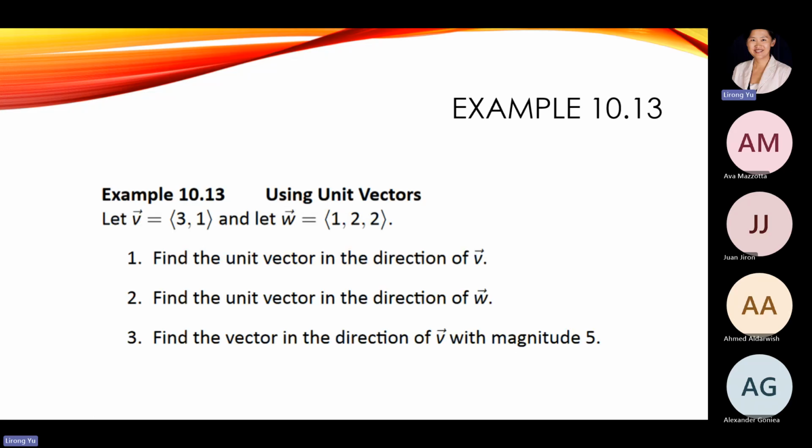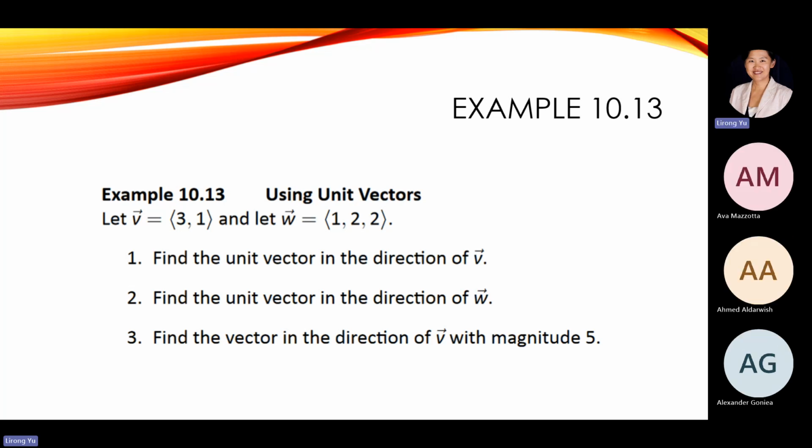And so in the slides, we have the vector (1, 3). Now here is a question about finding the unit vector in the direction of v. The magnitude is root 10, so the unit vector will be 3 over root 10 and 1 over root 10. So for question 1, we can quickly answer it. Now for question 2, we have to find the magnitude.